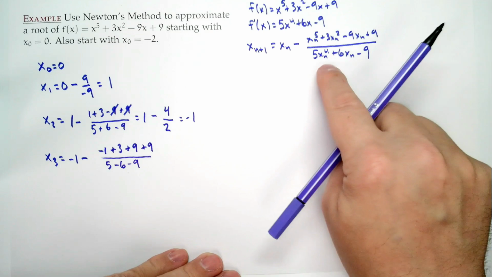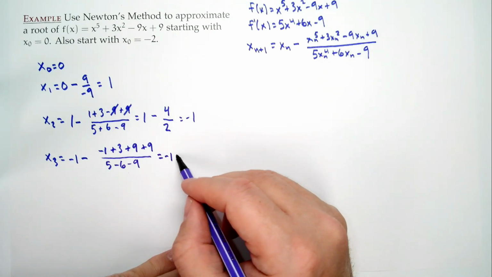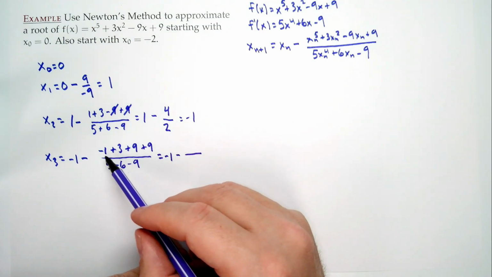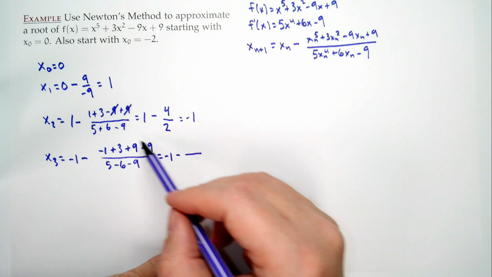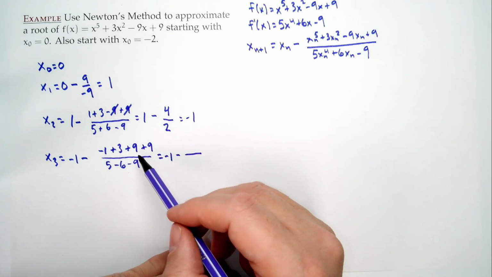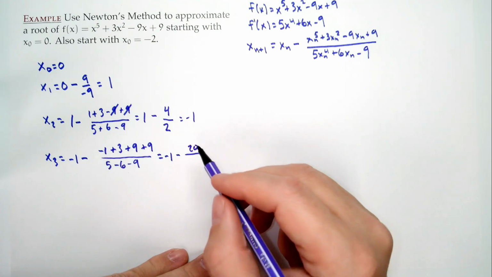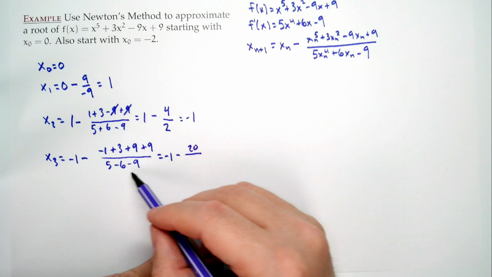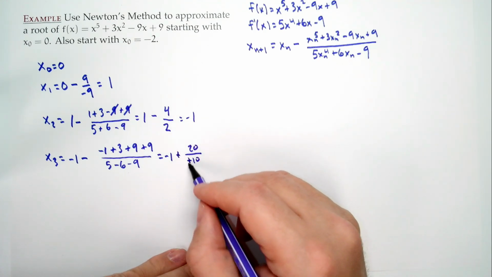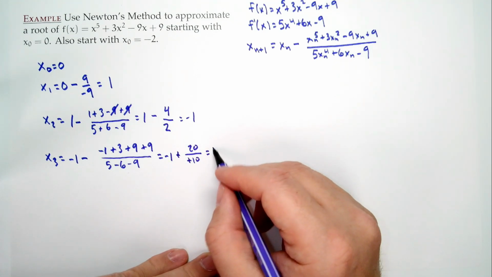Okay, so we just put in negative 1. So that's negative 1 minus, okay, what's our fraction? Well, upstairs we're going to get 20. 18 plus 3 is 21, minus 1 is 20. And downstairs it's 5 minus 15, which is negative 10. So minus makes plus. Negative 1 plus 2, which is positive 1.